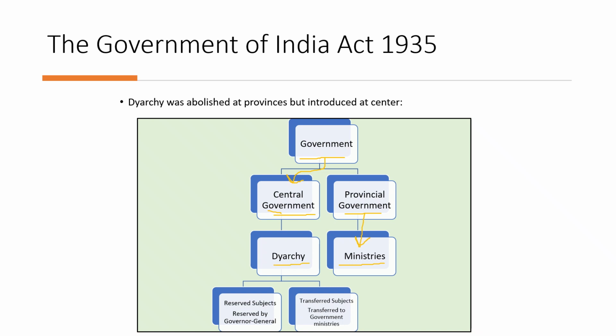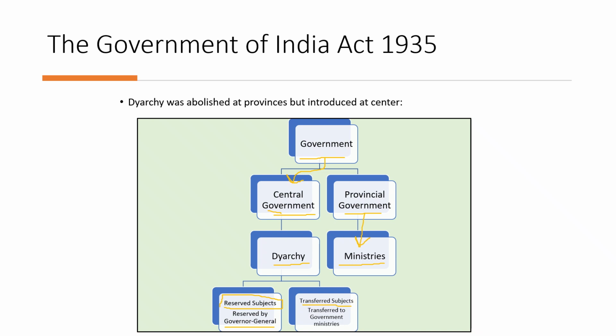Diarchy means the subjects were divided into two: reserved subjects and transferred subjects. Transferred subjects were transferred to the ministries, and reserved subjects were kept with the Governor General. The Governor General reserved these subjects, and no Indian could intervene in the working of these reserved subjects. These were reserved by the British government, meaning by the Governor General of India, who was a British, obviously.